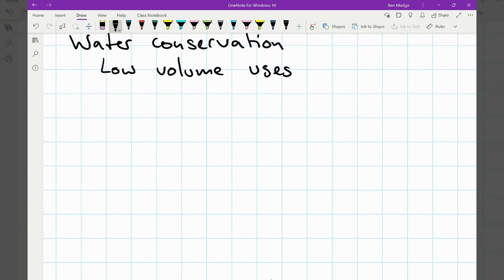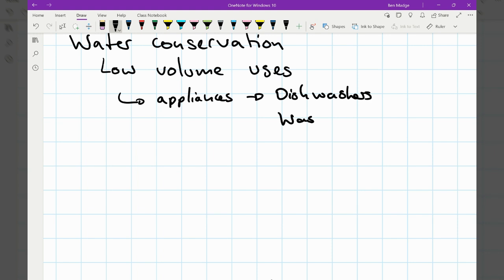So we can have low volume appliances, things like dishwashers, washing machines, flush for toilets, like those dual flush ones.